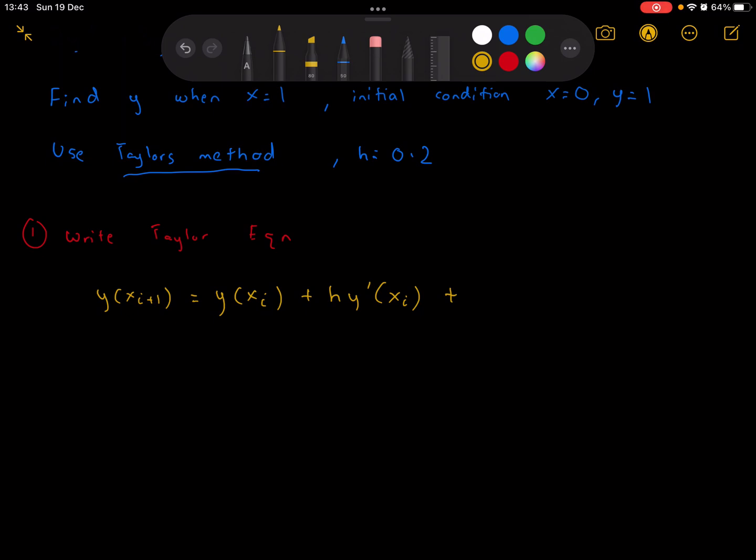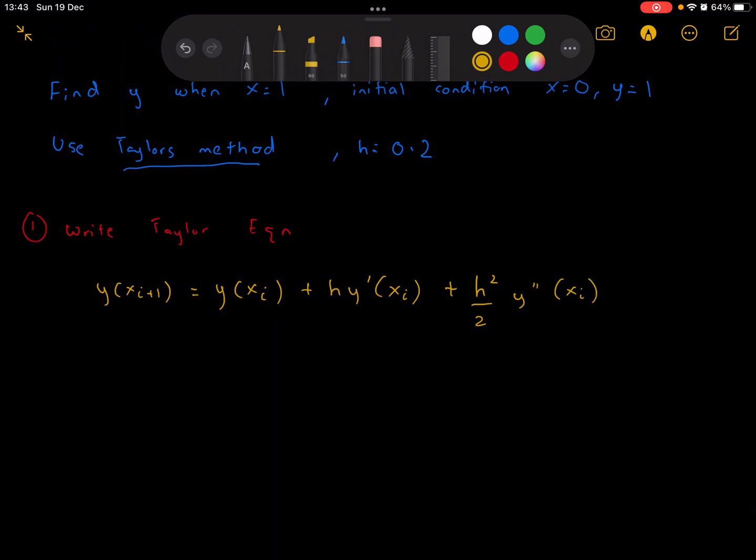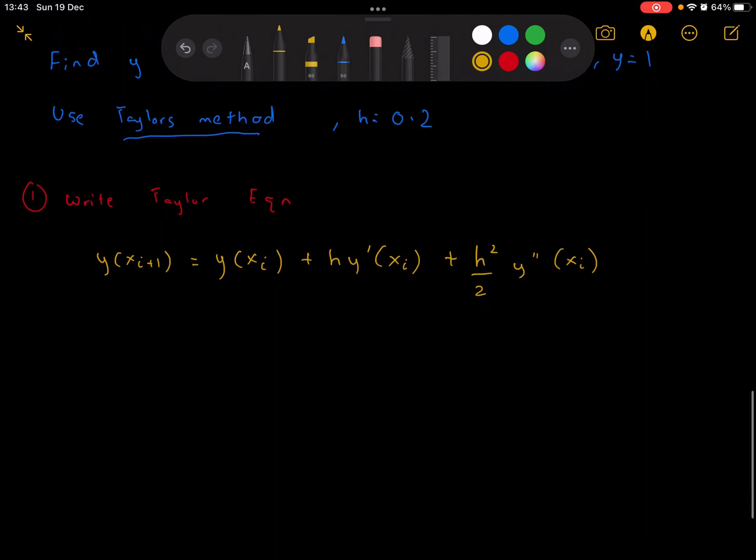For Taylor's equation, we've got h squared over 2 y double prime(xi). Okay, so this is Taylor's equation. If you can still remember, Euler's method is up until here only, but if you're using Taylor's equation, we need to consider until the second order.